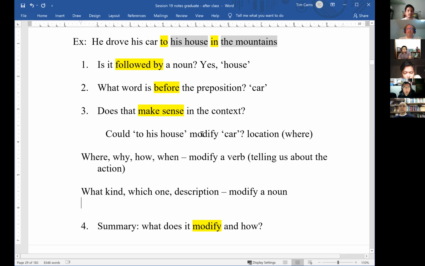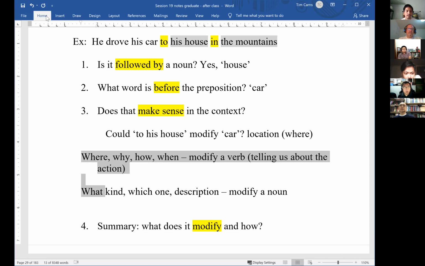So in this case, to his house is describing a location. So it's answering the question where. So is it going to modify car or is it going to modify a verb? Car is a noun, right? I think it modifies the verb, drove. Yes, that's going to make more sense.